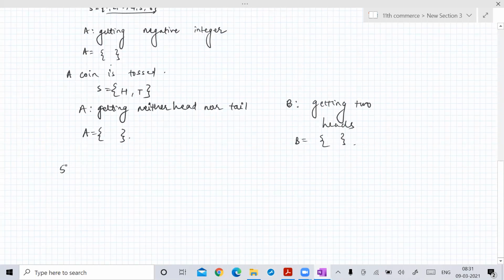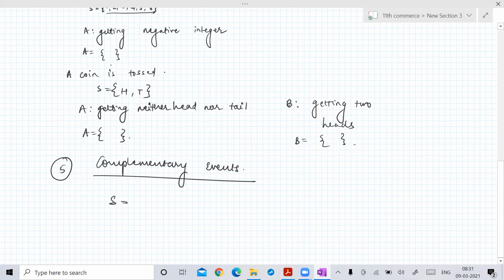Fifth question. Complementary events. Complementary events तुम खुद ही बता सकते हो. Suppose sample space है अपने पास 1 2 3 4 5 6 and event A is getting a number multiple of 3.